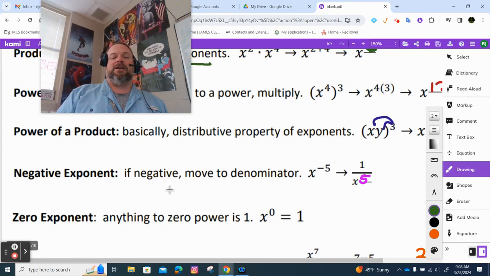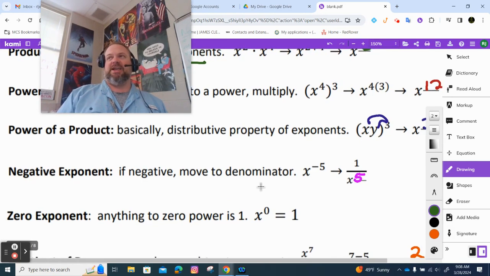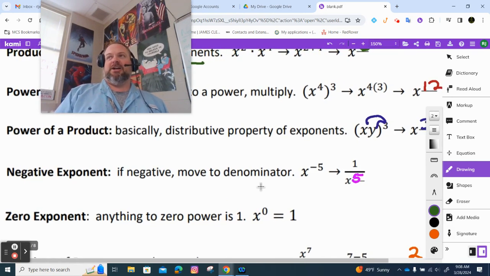Negative exponent. If negative, move to the denominator. The whole thing. The whole thing. Yeah.